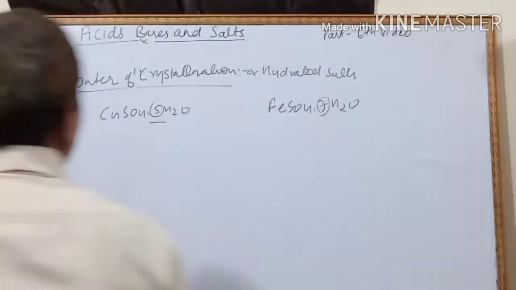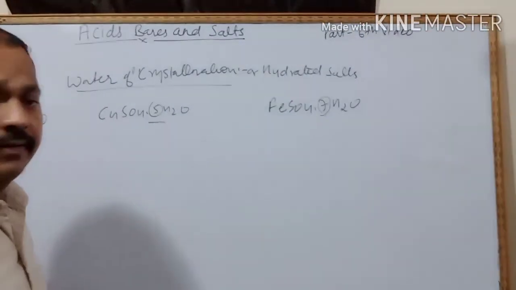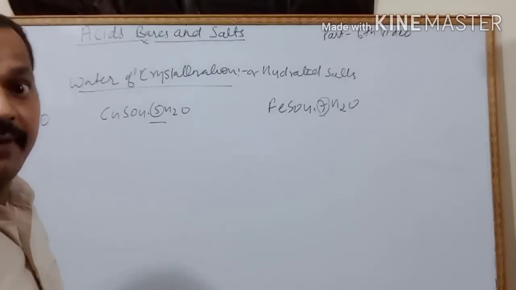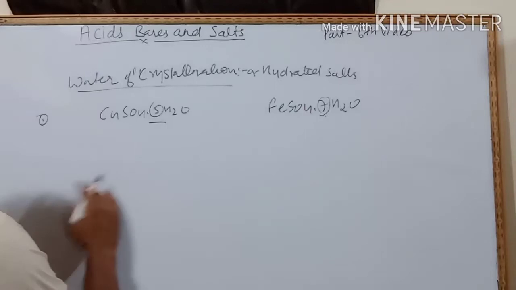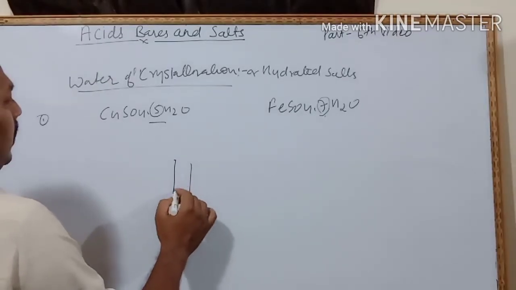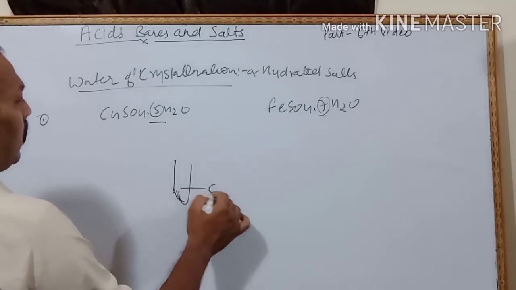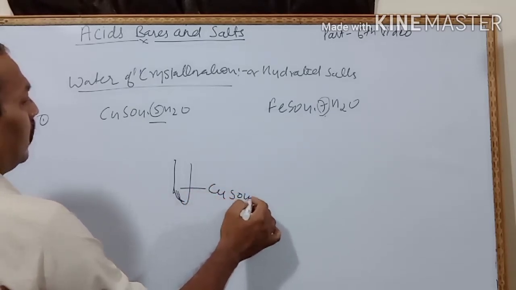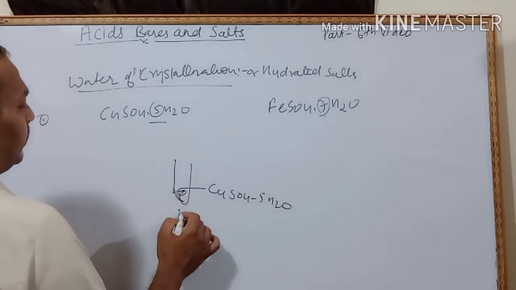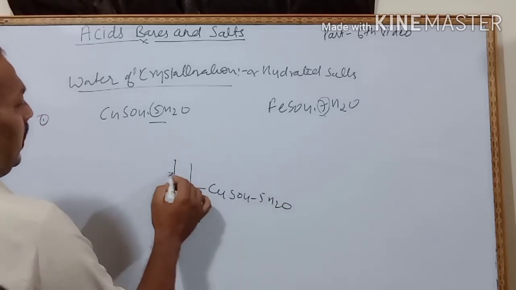So now we will understand by this practical, which we can perform in the laboratory also, because chemicals are available in the laboratory. So children, take in a test tube this hydrated salt, copper sulfate 5H2O, and heat it.